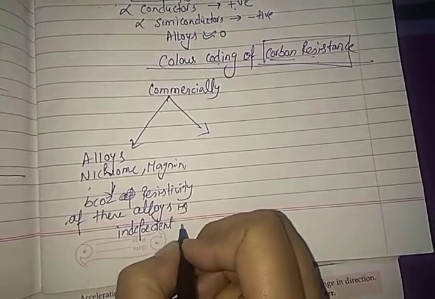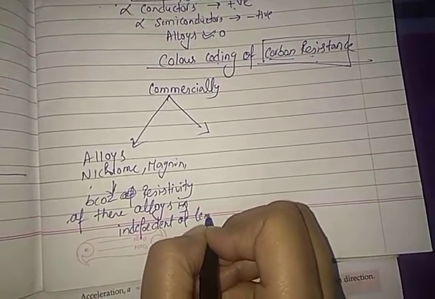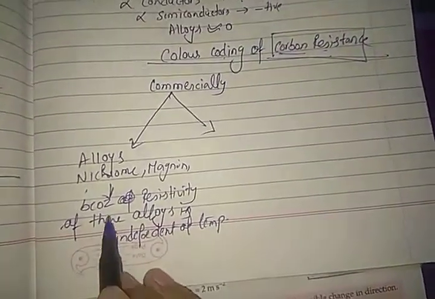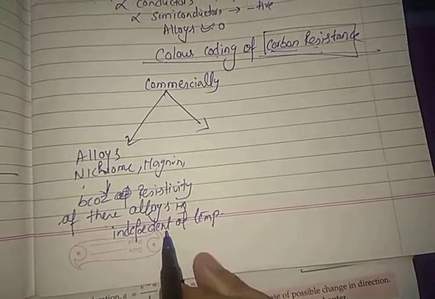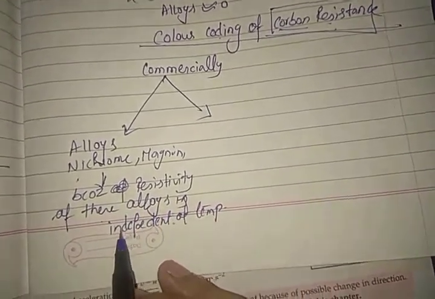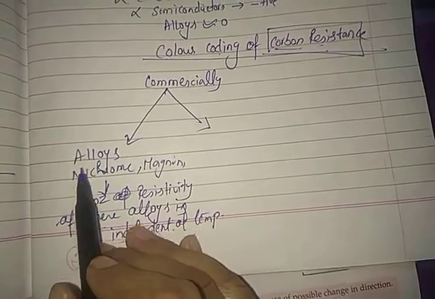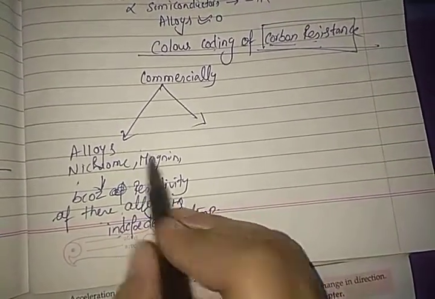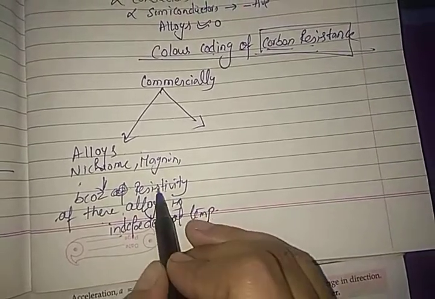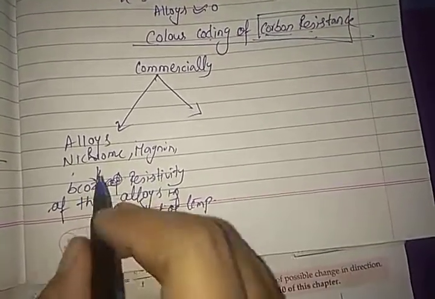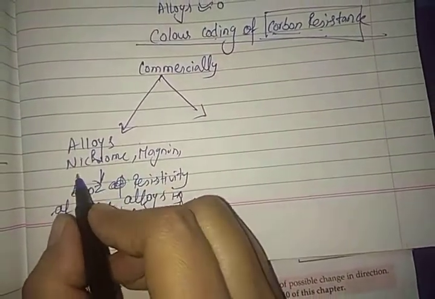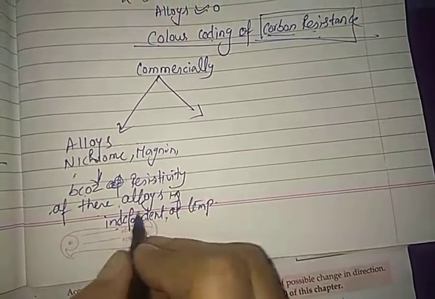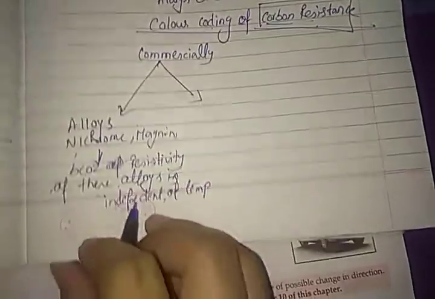They don't have any significant changes on increasing the temperature. If we use any conductor, then if temperature is increased, the resistance will also be increased and the experiment will go wrong. So we use alloys, because their resistivity is independent of temperature.